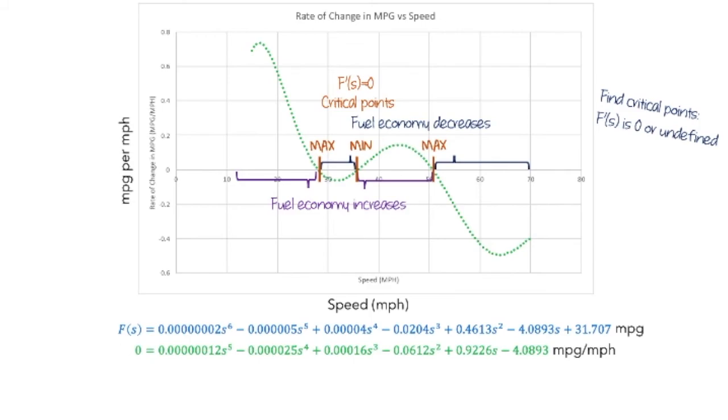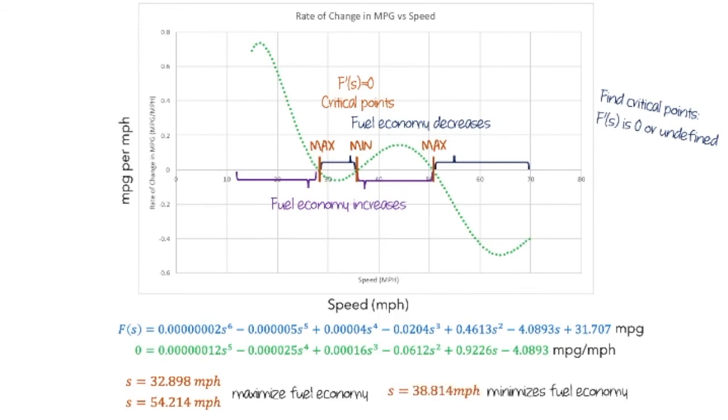We set f prime of s equal to 0 and get that 32.898 miles per hour and 54.214 miles per hour give us maximum fuel economy. And 38.814 miles per hour gives us minimum fuel economy.